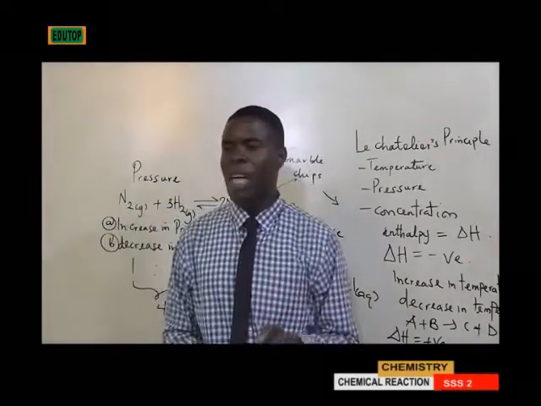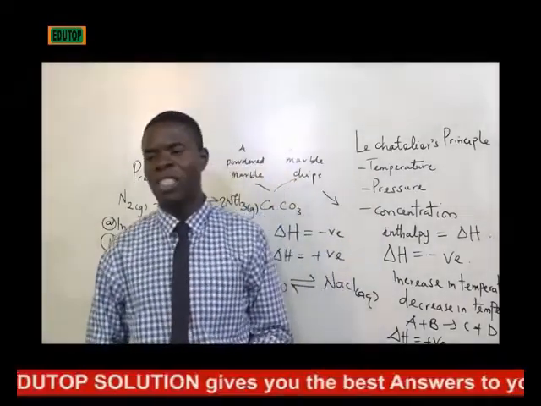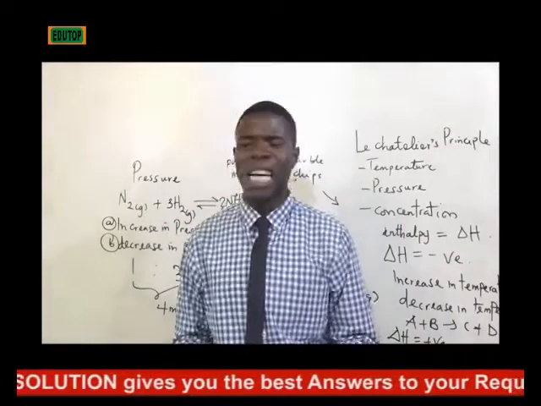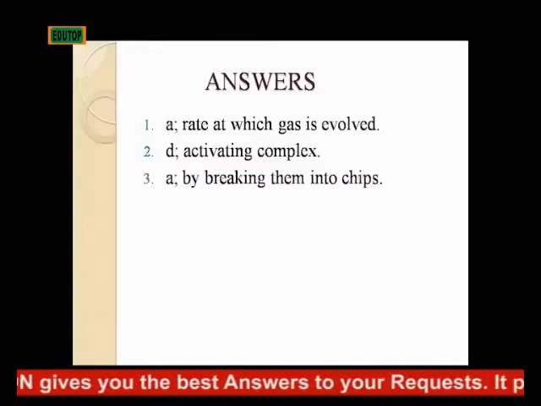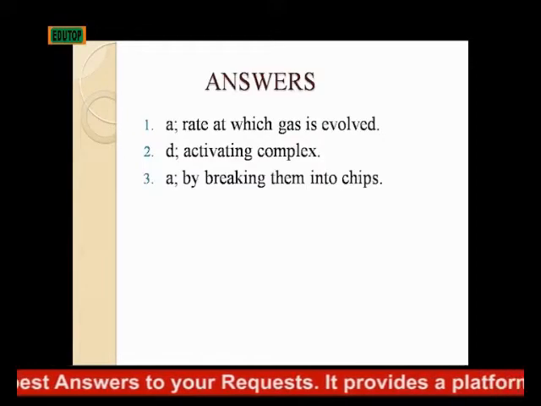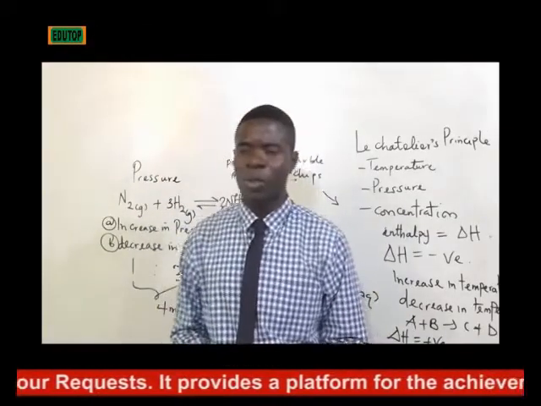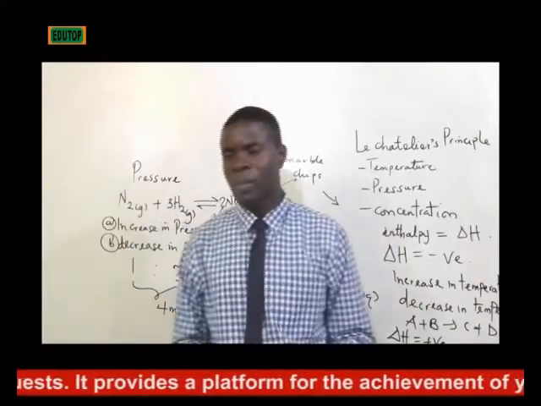So nature of reactant is also a factor that affects the rate of chemical reaction. The only one that is odd here is activating complex. Activating complex has no effect on the rate of chemical reaction.